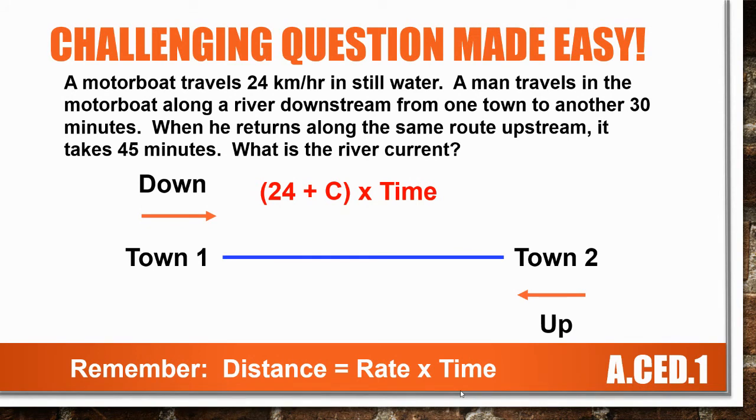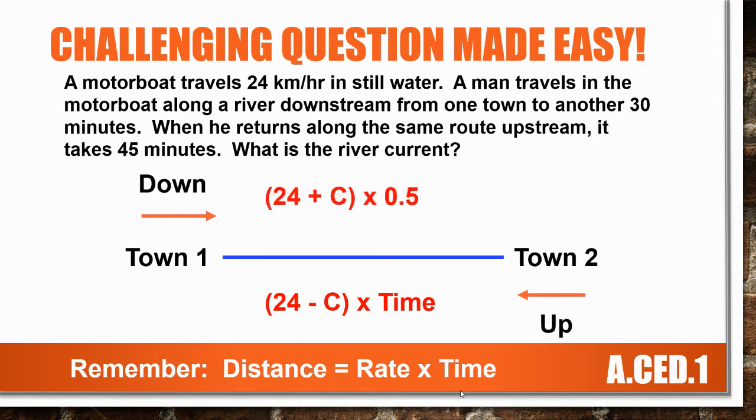What do you think it is going upstream? You're right. 24 minus the current times time. Now, we already know the time going downstream. It's 30 minutes. Let's name that in terms of an hour. That's half an hour. Okay, so 45 minutes going upstream, that time in hours is 3/4 of an hour, or 75 hundredths.